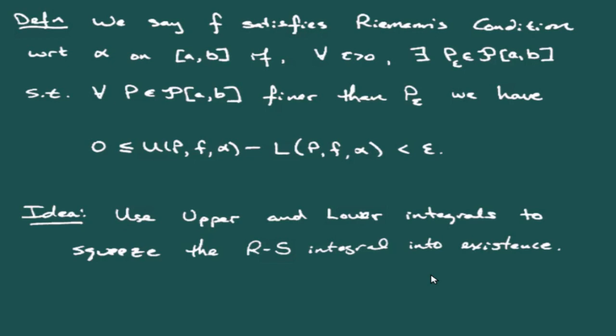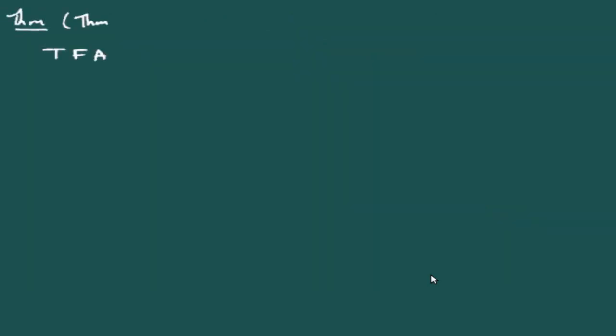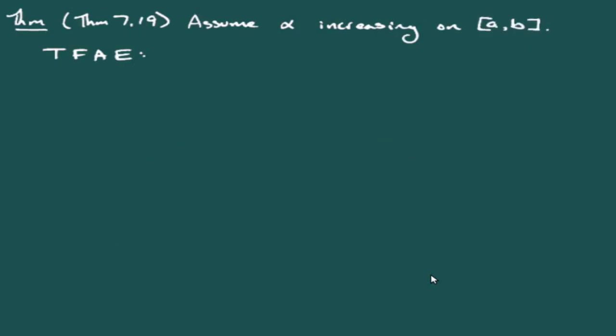So our last theorem, at least in this particular video, is Theorem 7.19, which says that if we assume, again, that alpha is an increasing function on closed interval [a, b], then these three conditions are all equivalent.